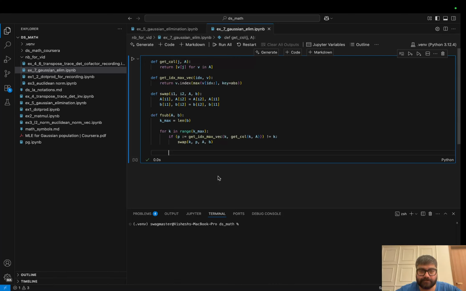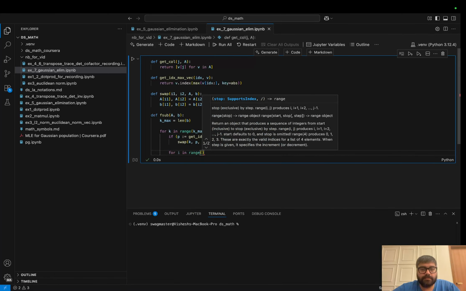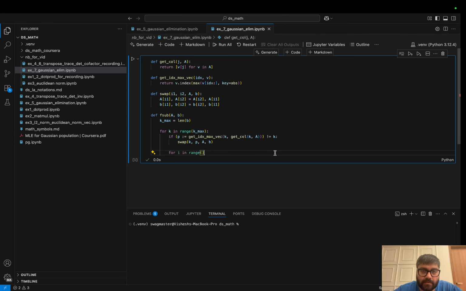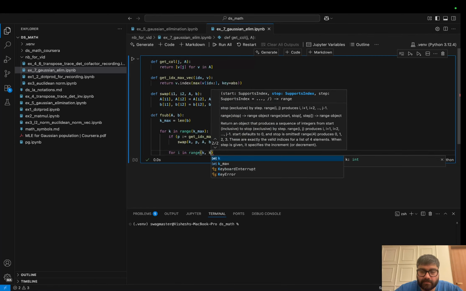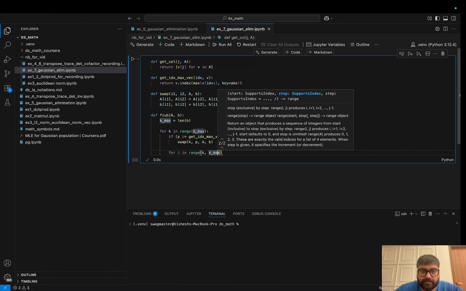So, what's the next step here? We're gonna have to actually do the forward substitution, right? So, for i in range, start from k through till k max.